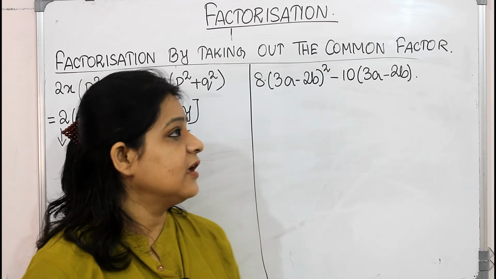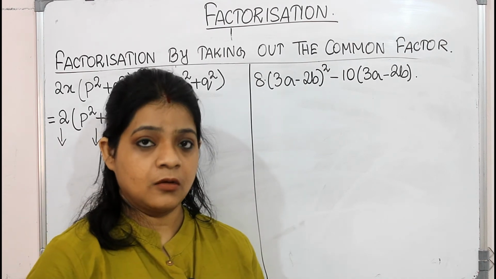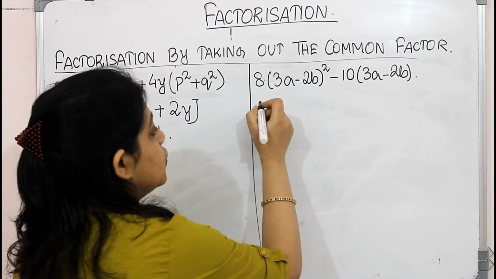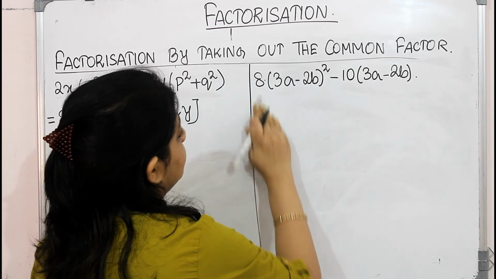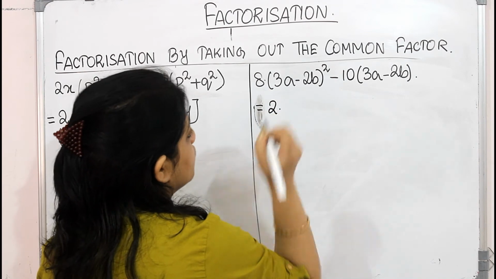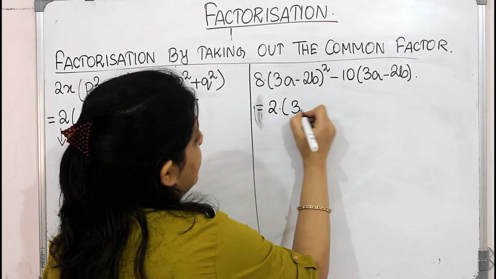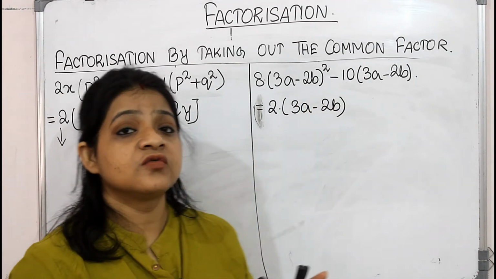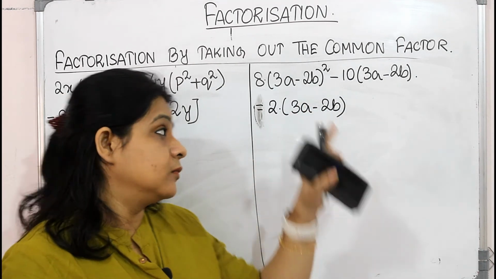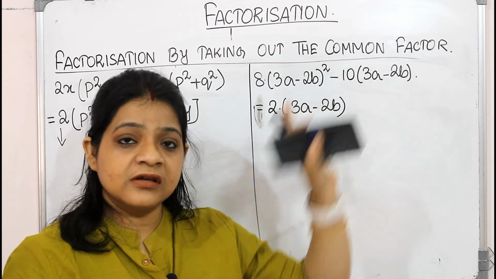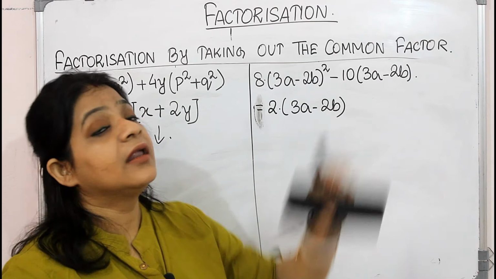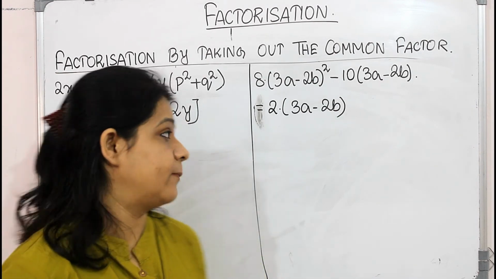So we can take 2 as common, or keep 2 before the bracket. So equal to 2 into (3a minus 2b), because here 3a minus 2b is multiplied 2 times, for this it is square, and here only once 3a minus 2b.